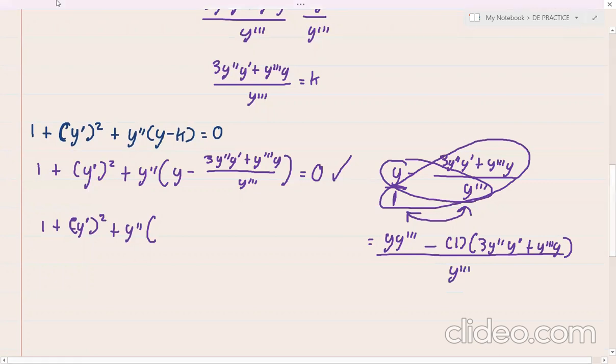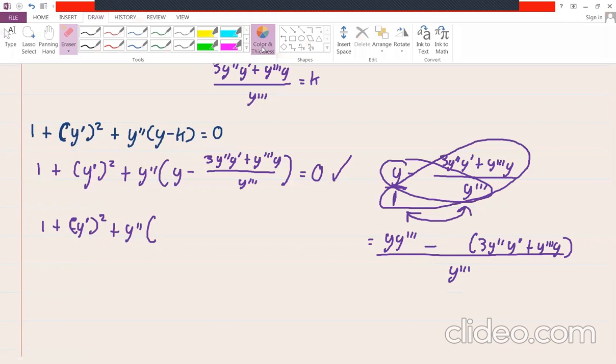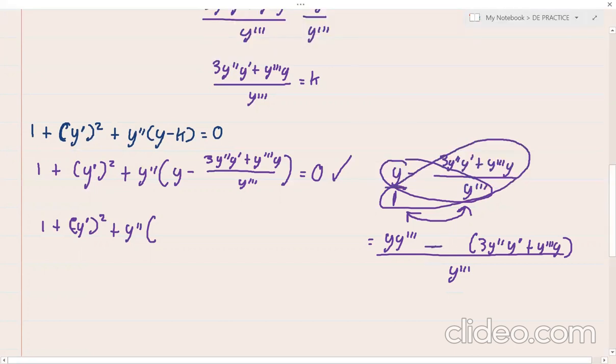O diba? And since if you're going to multiply 1 to this parenthesis na to, the answer is still the same, which is ito pa rin siya. Okay, which is minus quantity 3y second prime times y prime plus y third prime times y. And since meron siyang negative sign dito, we can distribute it to this expression. So what happens?